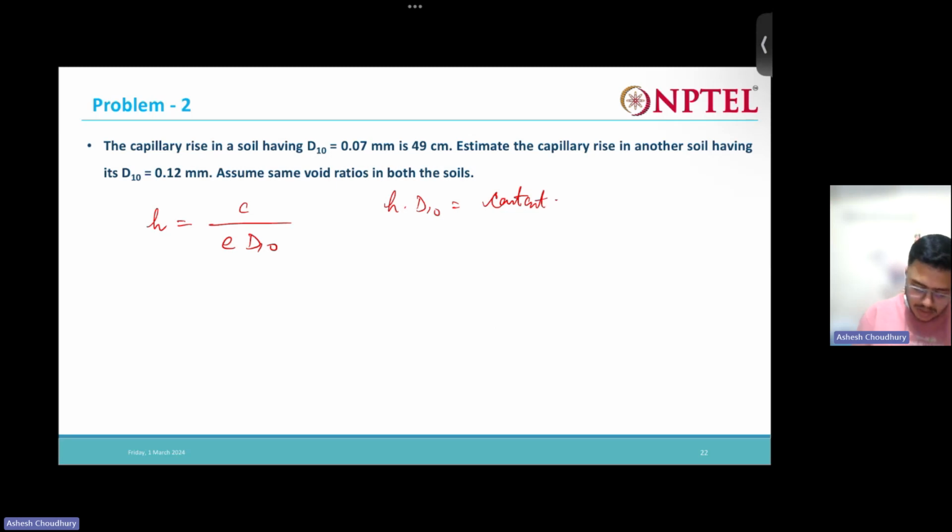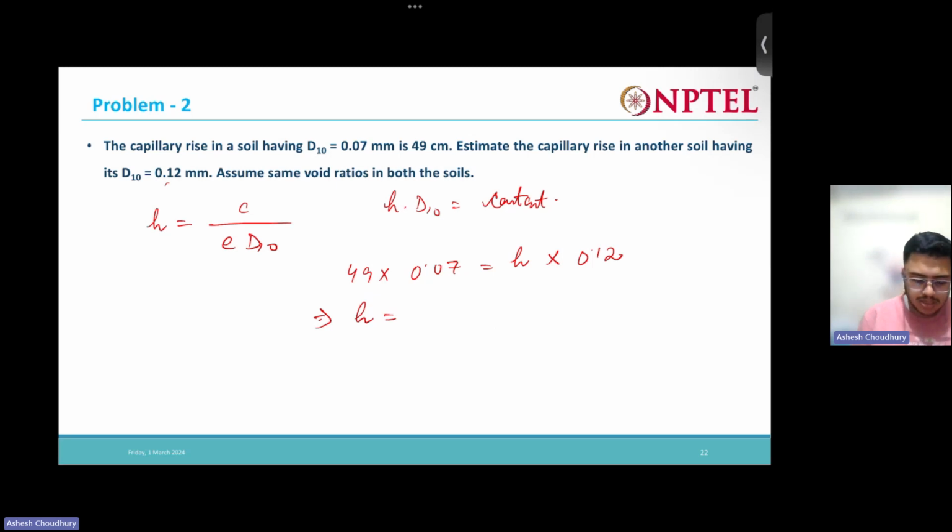Right? So 49 into 0.07 is equal to H into 0.12. So here we can find out H, right? Please find out H. Let us see what H is in this case. So this size is increasing. If the capillary size is increasing, obviously the height is going to reduce, right?